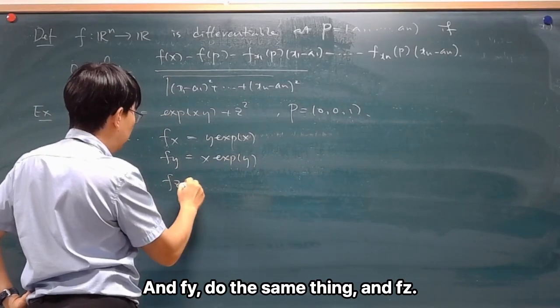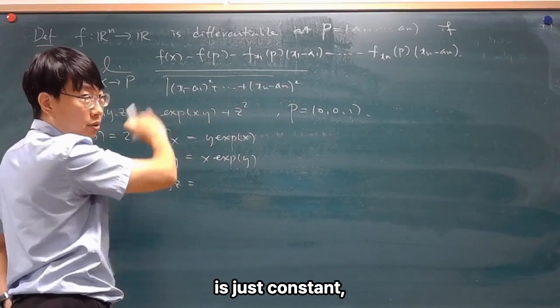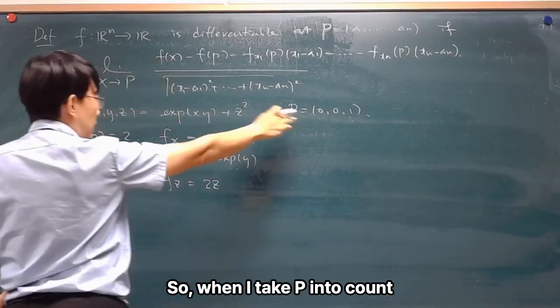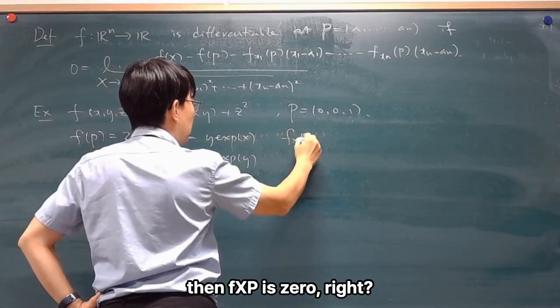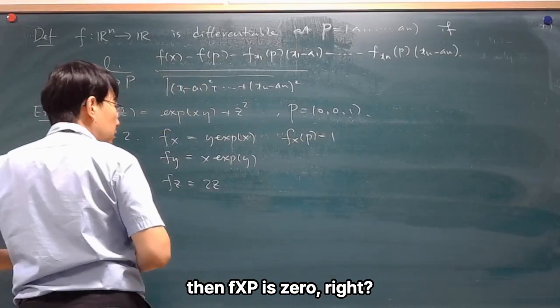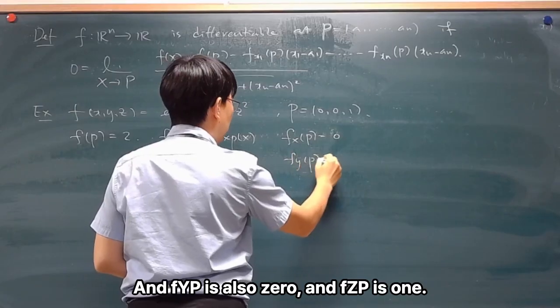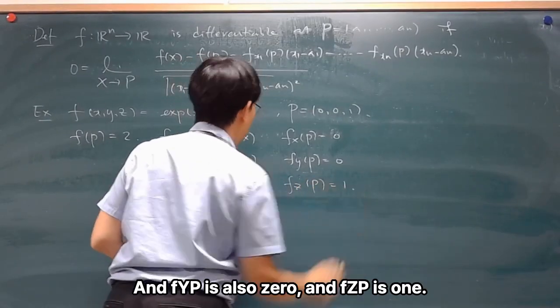And f_z: in the z case, xy is constant, so it's just 2z. So when I plug in p, f_x(p) is 0, f_y(p) is also 0, and f_z(p) is 1.